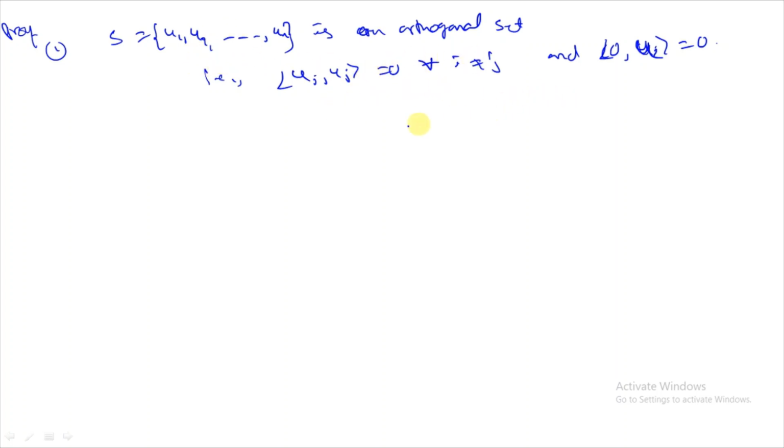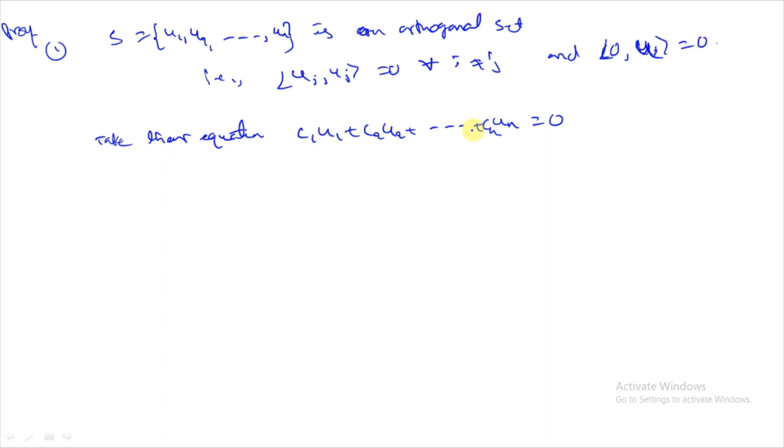Now you have to prove this is linearly independent. Take a linear combination, the linear equation: suppose C1 U1 plus C2 U2 plus and so on up to Cn Un equals 0.